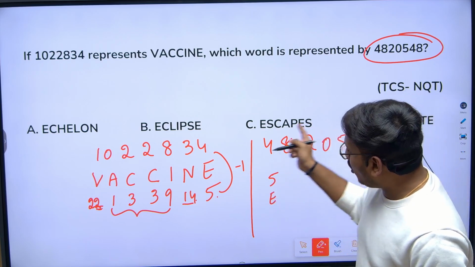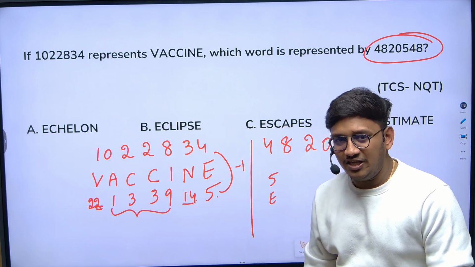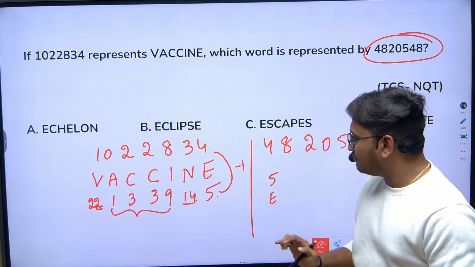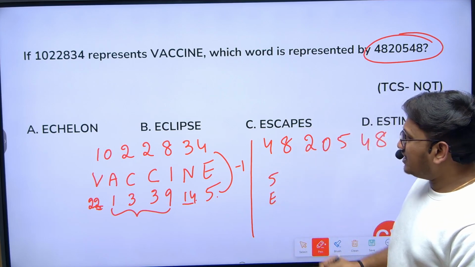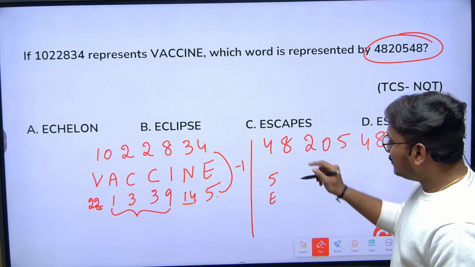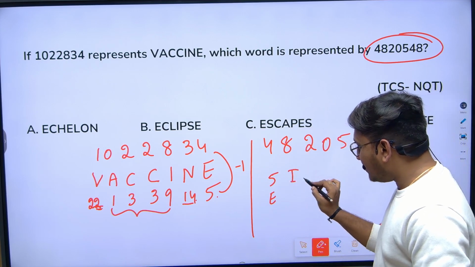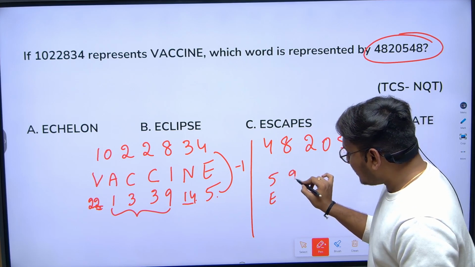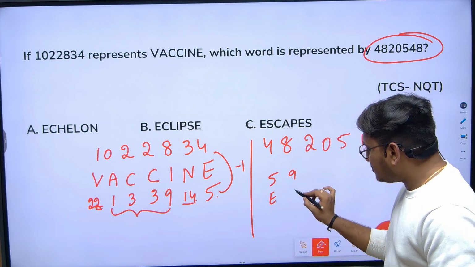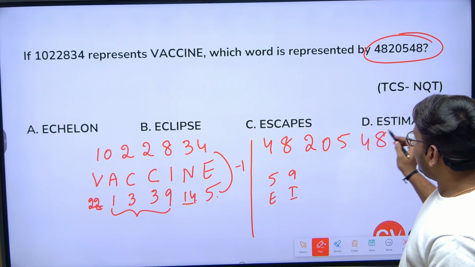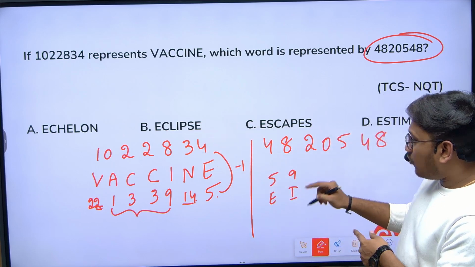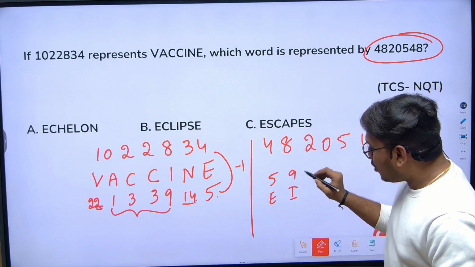If you observe, all options are starting with E. Next, you just need to eliminate the options. It is a very simple way. 8 means obviously it should be I, because 9 minus 1 is 8, and 9 means I. There is nowhere in the options which has I. Now, is there any possibility to get 8 if it is not 9?